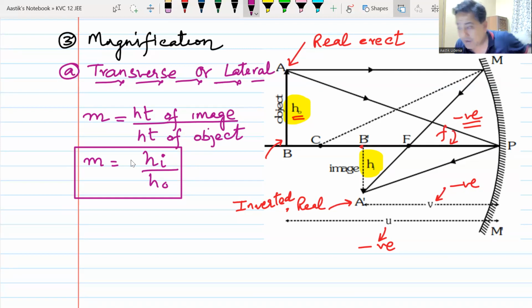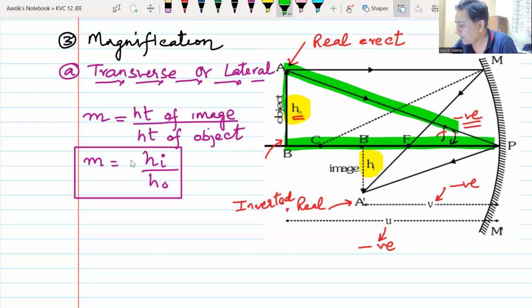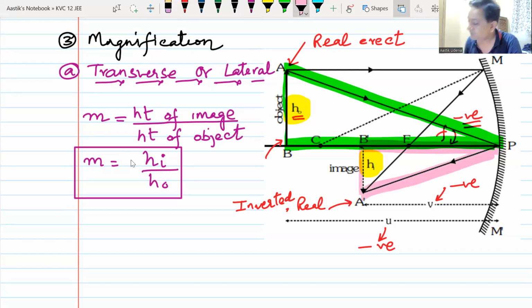And using simple similar triangles, that's why the diagram is here, one triangle is the green triangle and the other is the pink triangle. You can easily tell me, my dear friends, both are similar triangles.